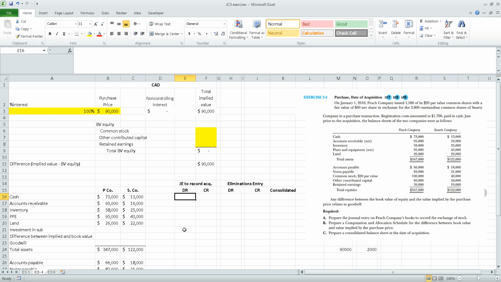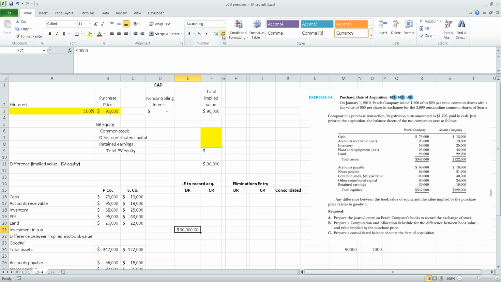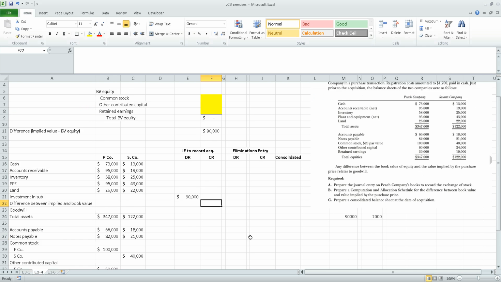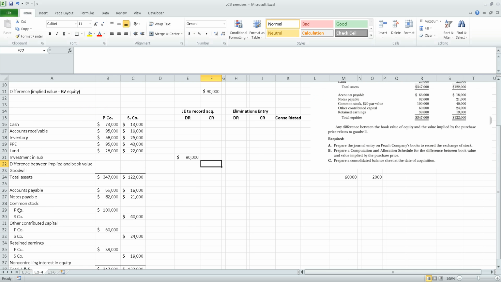So the entry is debit the sub for the cost of the sub. That was $90,000. Investment in sub debited $90,000. And we will have a credit to Peach Company's common stock account for the aggregate par value of the shares of stock issued.